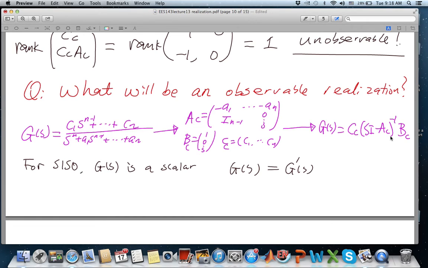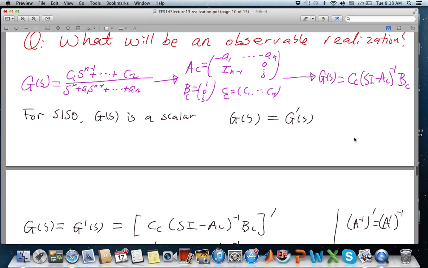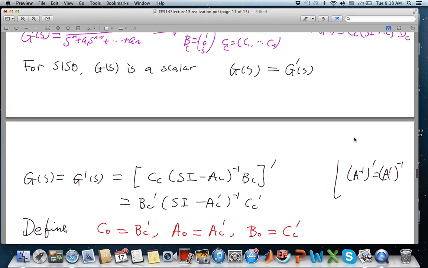Because my transfer function is going to be a scalar because it's a single input, single output system, the transpose of my transfer function is still going to be the same scalar, which will give me G of S equals G transpose of S. So if we look at the G transpose in this format, what we're going to have is C (SI minus AC) inverse BC transposed, which will give me BC transpose times (SI minus AC transpose) inverse times CC transpose.